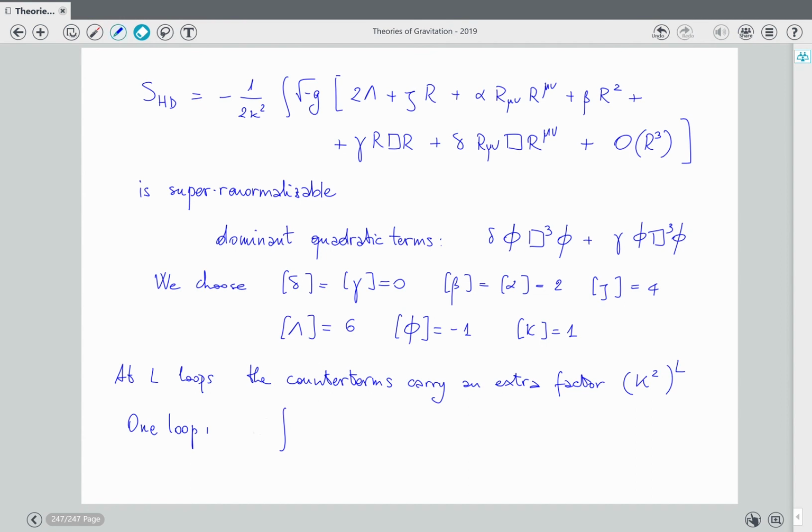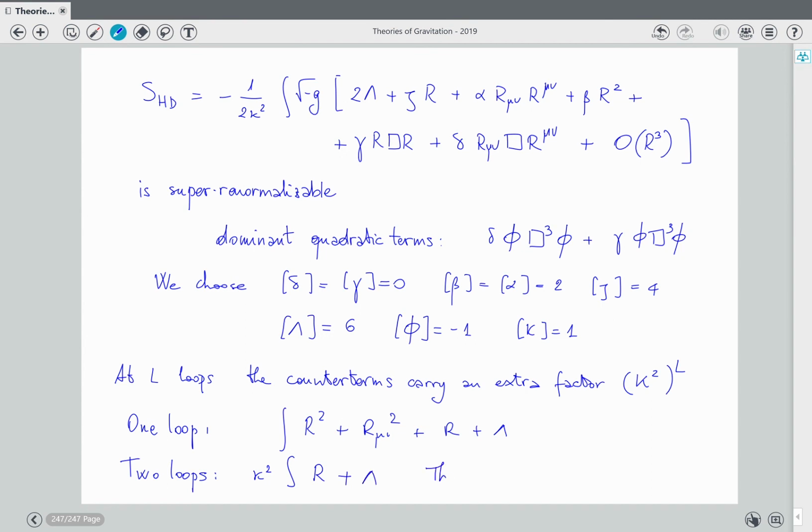So at 1 loop you have again r squared, r mu nu squared, r, plus lambda. But at 2 loops you have a k squared in front, and that has dimension 2. So in total you need to have dimension 4. So you just remain with that.